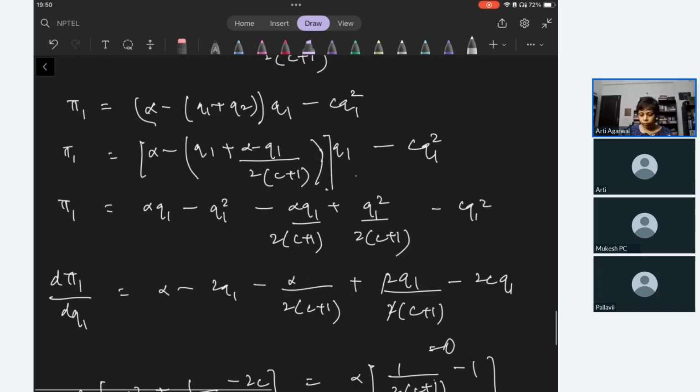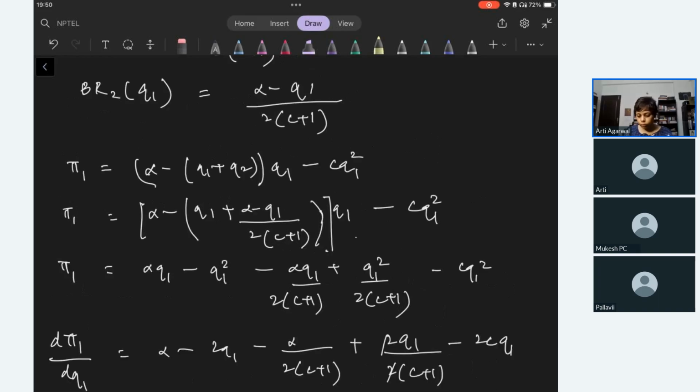In this expression, Q2 is a function of Q1, right? So if you want to write it as Q2 also, you will still need to write Q2 as a function of Q1. And then when you differentiate this with respect to Q1, you will need to do dQ2 by dQ1 also, which is why you can't plug in just Q2 as is and then substitute its value later.